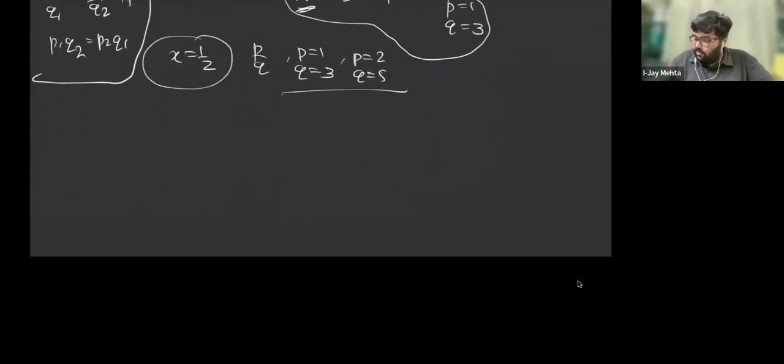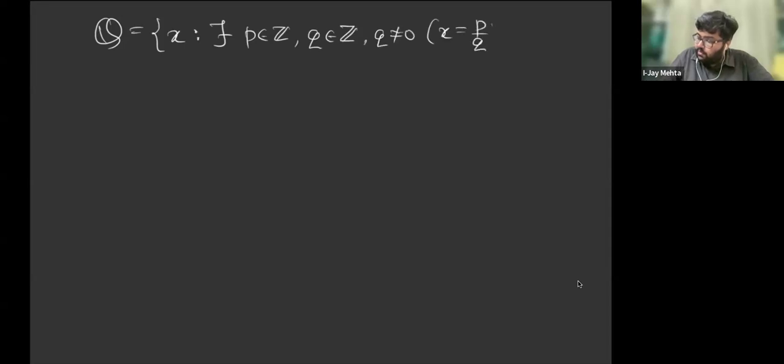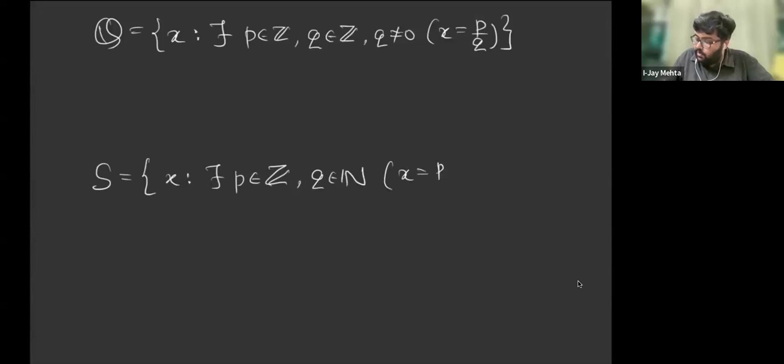Okay, clearing the feedback. I'm just writing Q again, and I'm writing another set. So this is what we wrote: there exists some integer P and some integer Q, and Q is non-zero, such that X is P by Q. I'm giving you another set: X such that there exists an integer P and a natural number Q, such that X equals P by Q. So my question is, are these two sets equal?